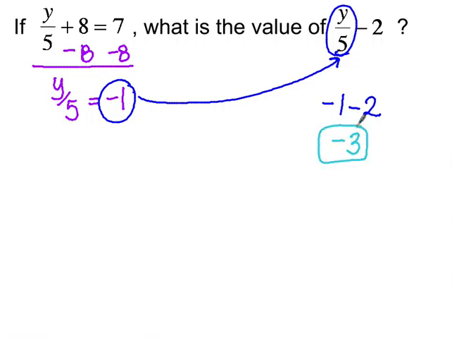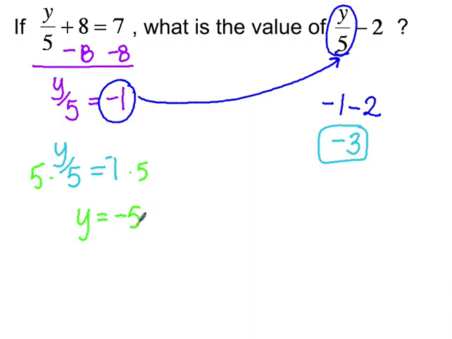That's one way. And you could have done that on the problem before as well because it was for 6x. If you don't like that, which some of you might not, what you can do here is go from this step, y over 5 equals negative 1. And what you could do then is multiply both sides by 5, and you would get y to equal negative 5.